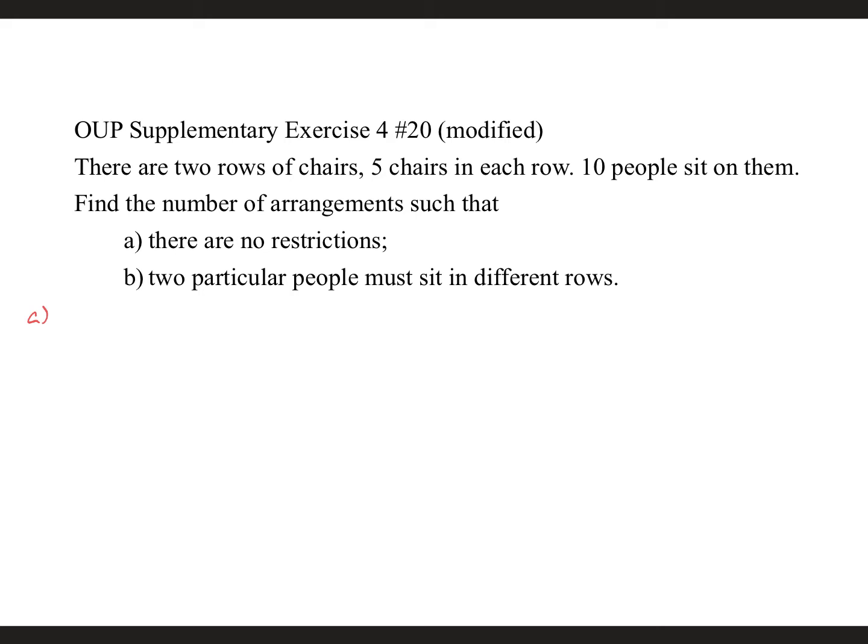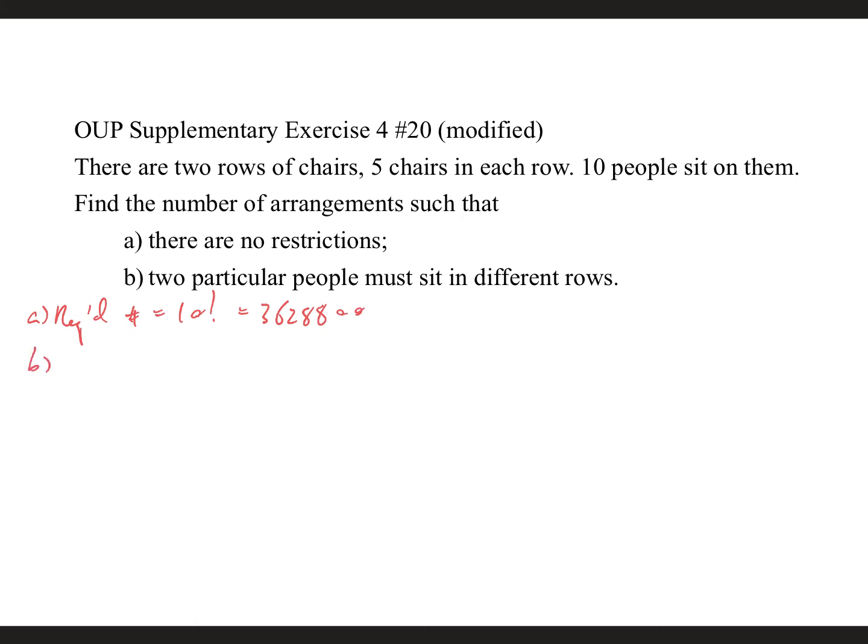So the required number is simply arranging 10 things, 10 factorial. Okay? So 10 factorial, this time I have a calculator with a factorial function. So this one gives the answer of 3628800.